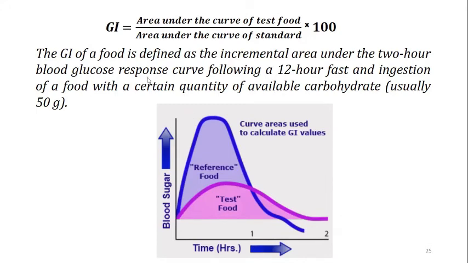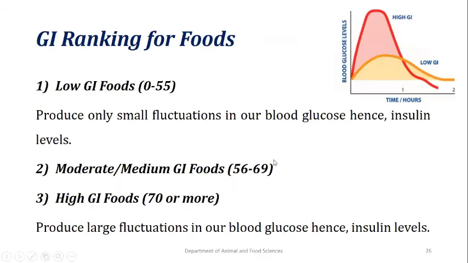Okay. And these types of foods are called high GI foods. They produce large fluctuations in blood glucose, hence insulin levels. Then it is not good. The intake of high GI foods for a longer period of time is the basic cause for diabetes.